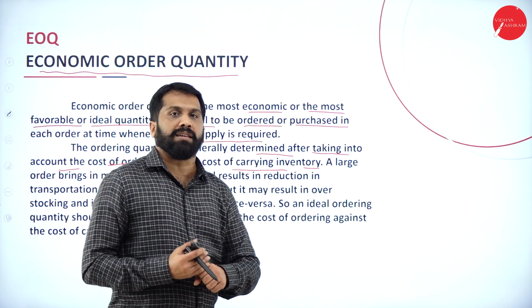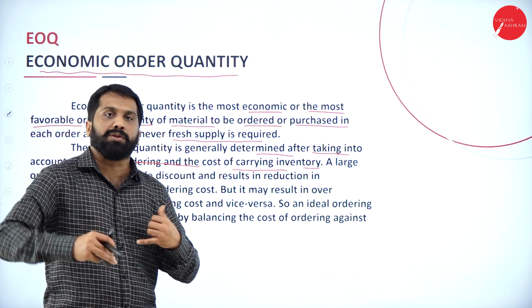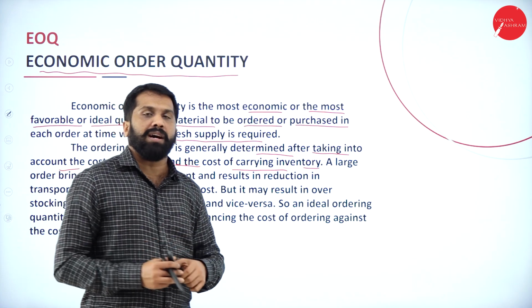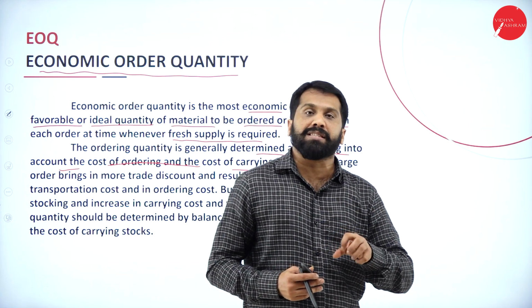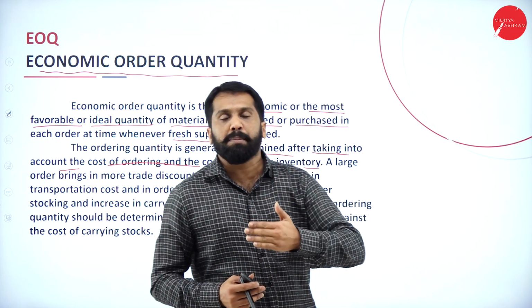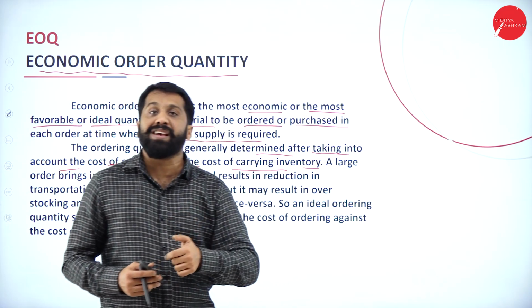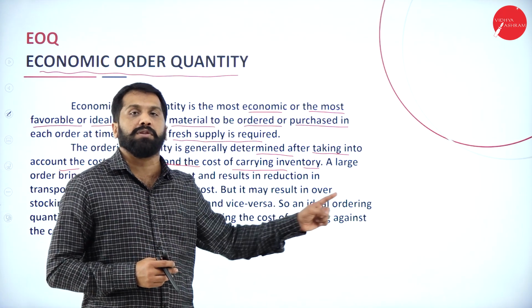Order does not mean just giving a call. For ordering also we have certain procedures. We have to go through the purchase department and the requisition department, step by step, and that means you have to pay for whatever process happens.